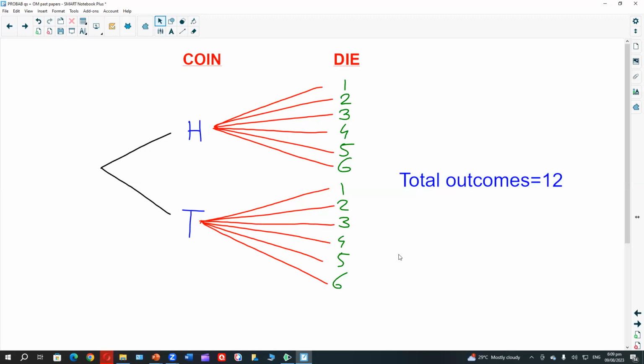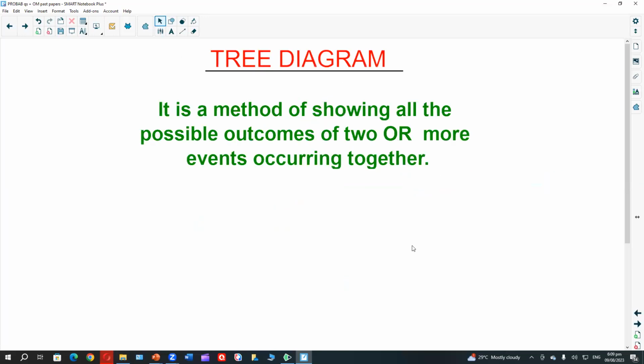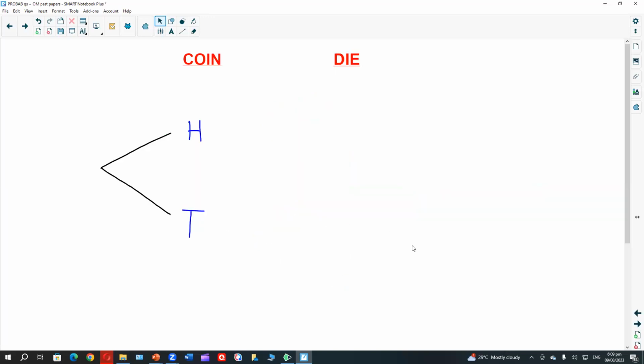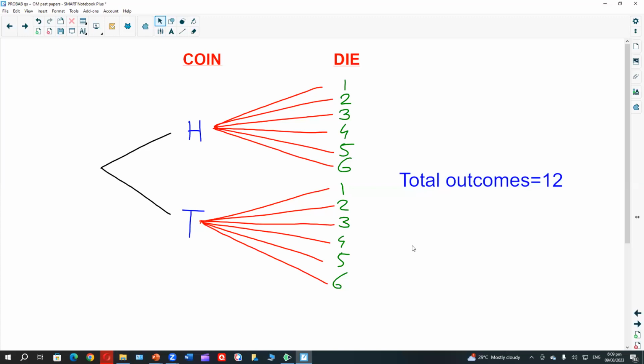Had you copied the previous screen? This one? Yes, I did. Good. Now you have to copy this screen. I'm just coming in a minute.